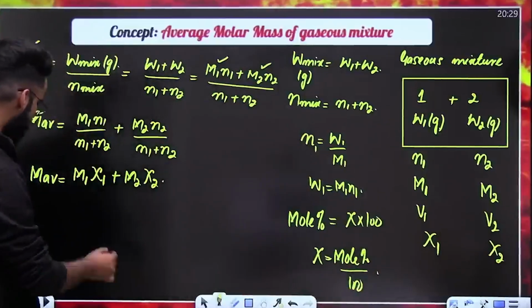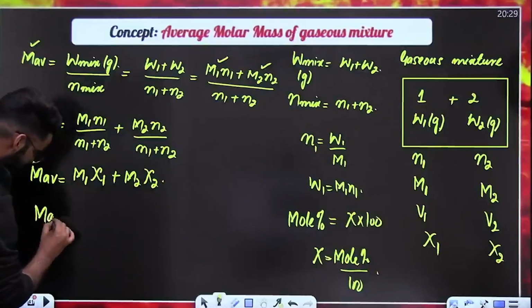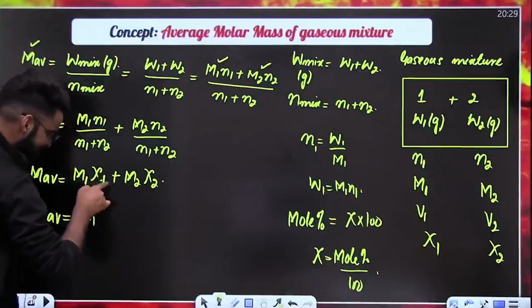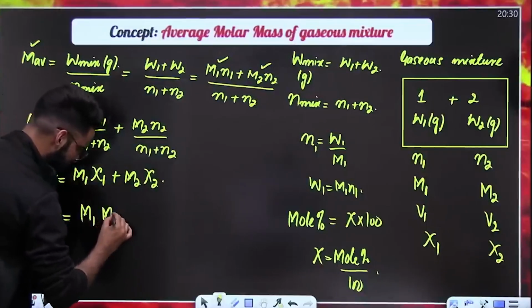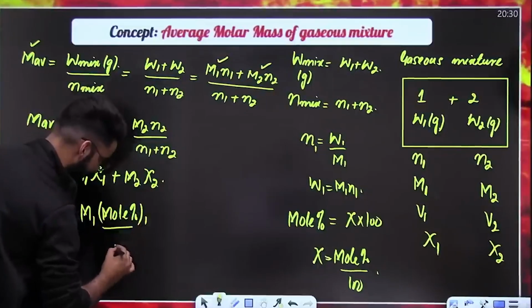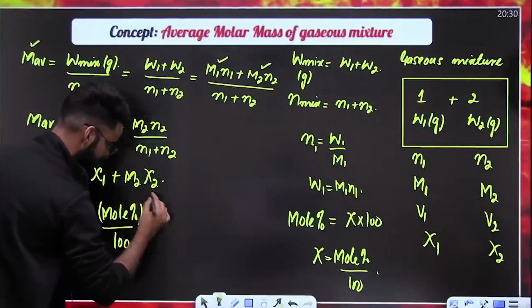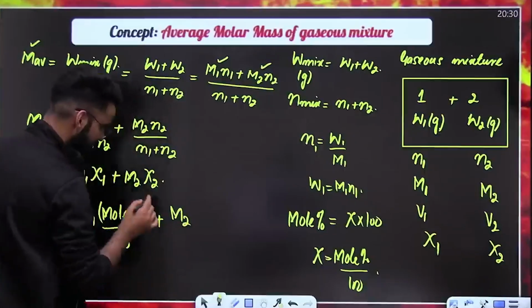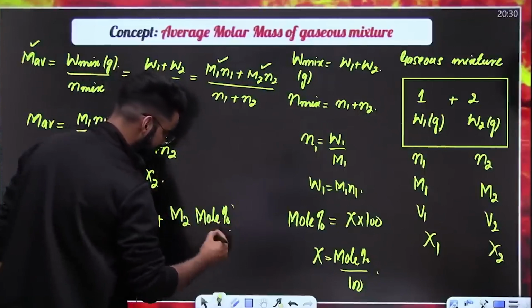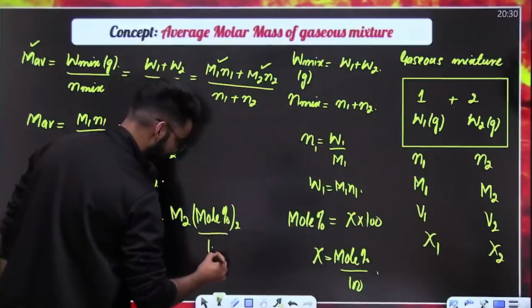Correct? So here, I can modify this result as well. The average molar mass of the mixture is going to be M1, and instead of the mole fraction of gas 1, you write the mole percentage of gas 1 divided by 100, plus M2 as such, and instead of the mole fraction of gas 2, you write the mole percentage of gas 2 divided by 100.